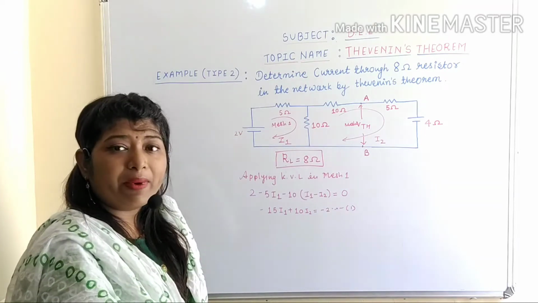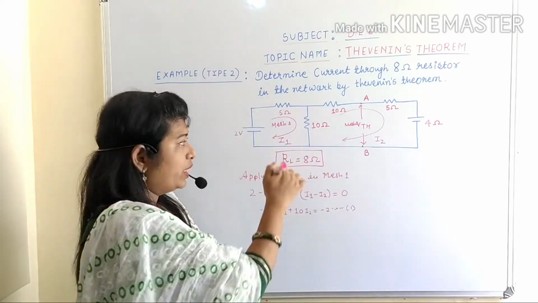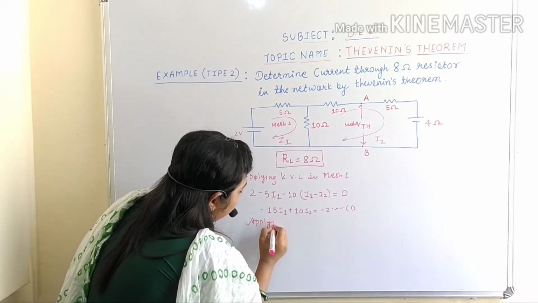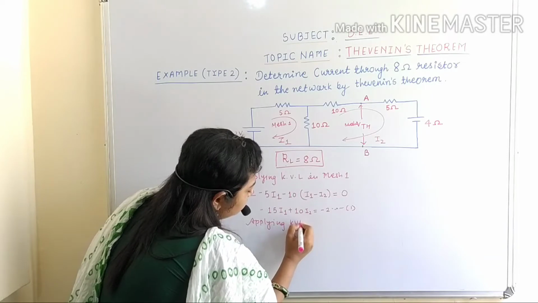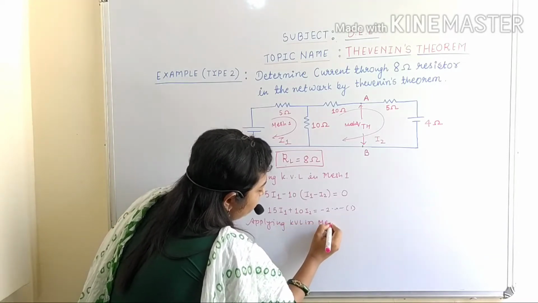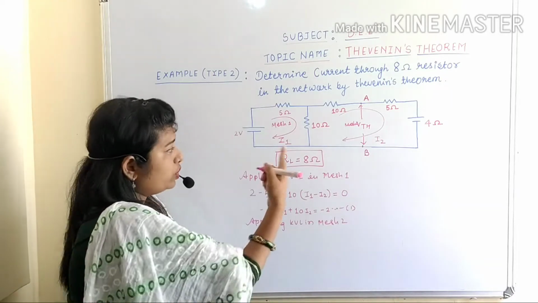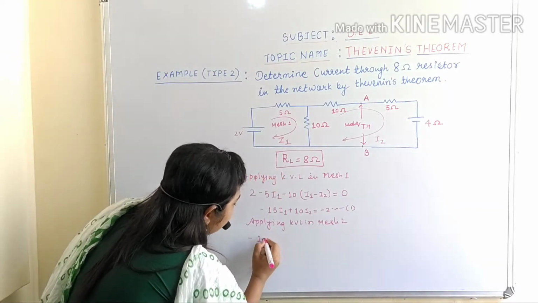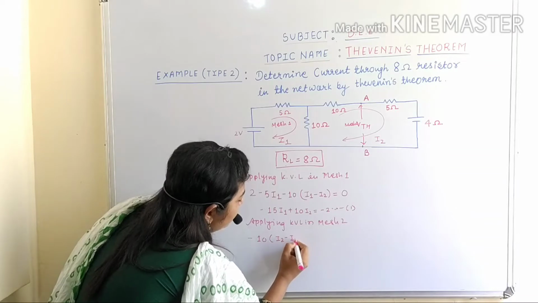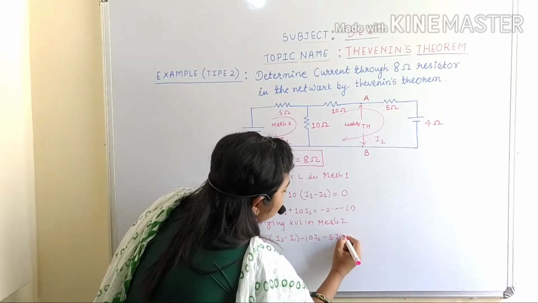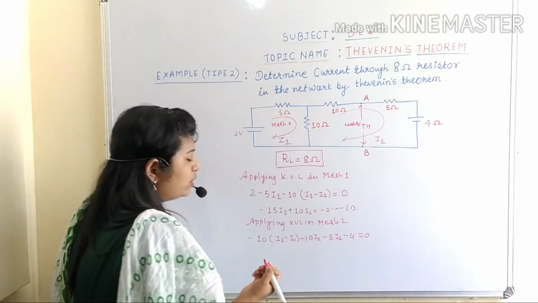Similarly, you need to apply KVL in mesh 2. Can you apply KVL in mesh 2? So applying KVL in mesh 2, you will get minus 10 I2 minus I1 minus 10 I2 minus 5 I2 minus 4 is equal to 0.